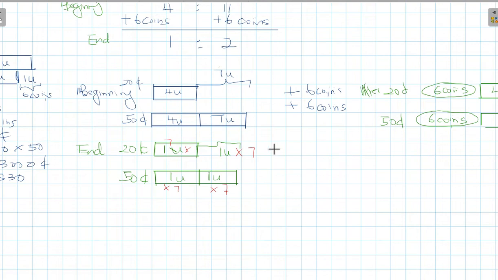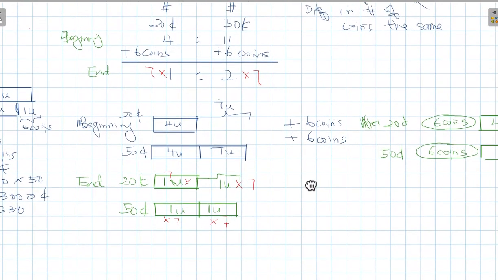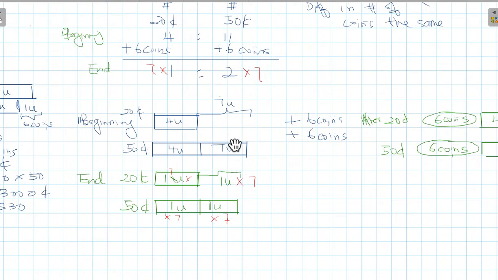Then what will I have? Times 7 times 7. I will have 7 and 14, right? So drop away this. Because I need to make them the same.